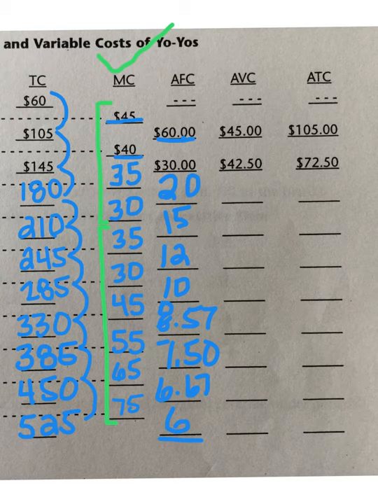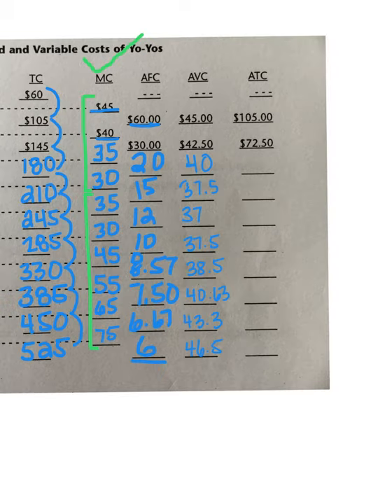For average variable cost, you'll take your variable cost, divide it by your level of output. So again, with the average variable cost, we see a portion of decreasing returns, diminishing returns, until we hit a minimum point, and then we see increasing again.